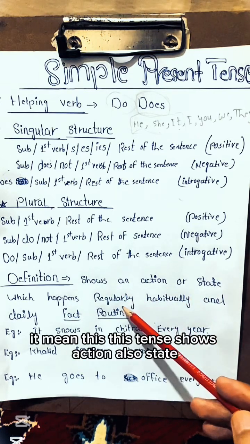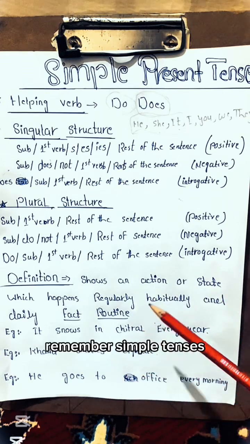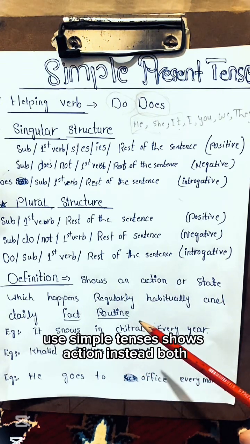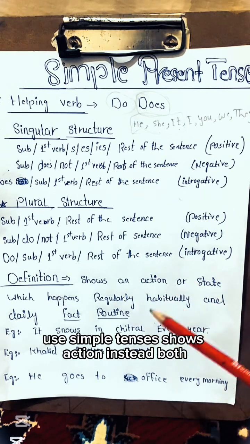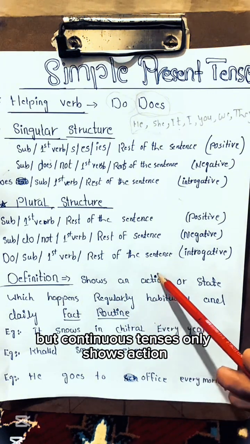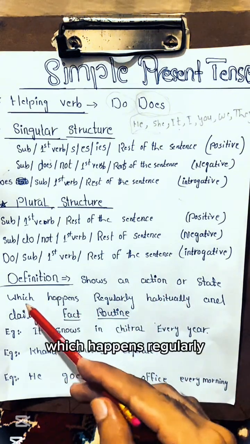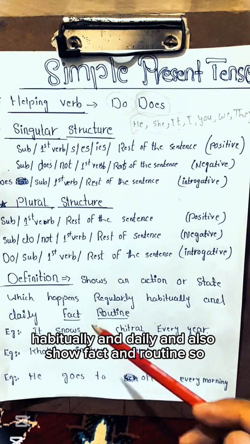It means this tense shows action, also state. Remember, simple tenses show action and state both, but continuous tenses only show action.